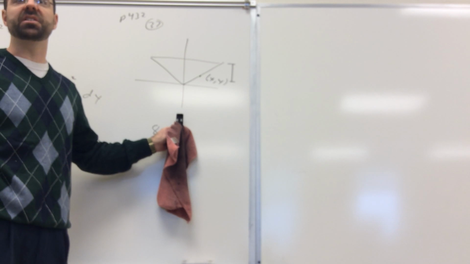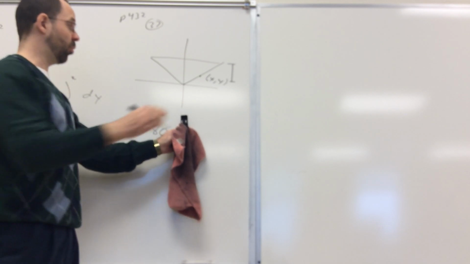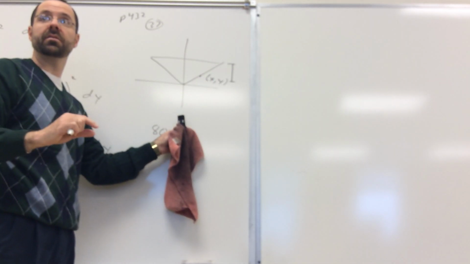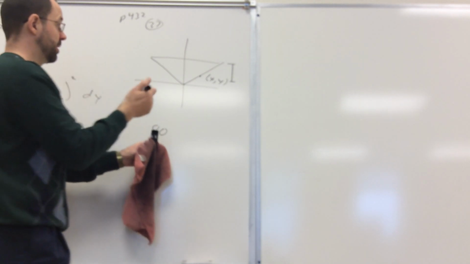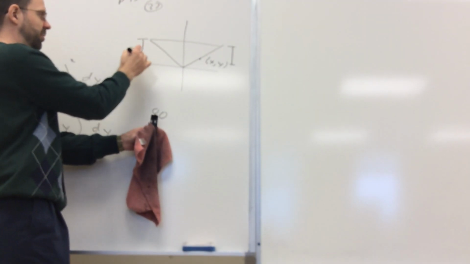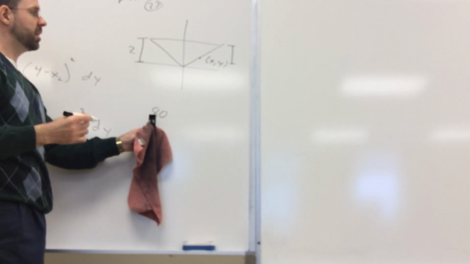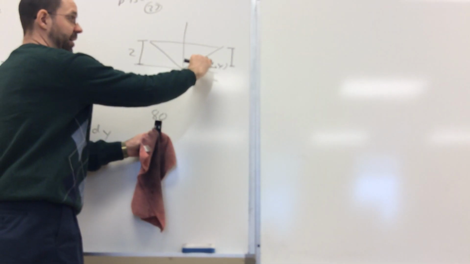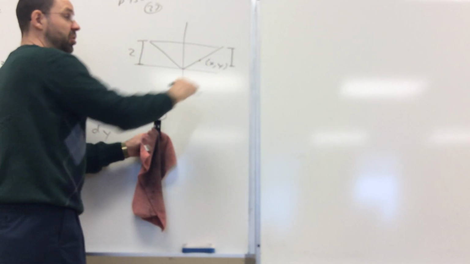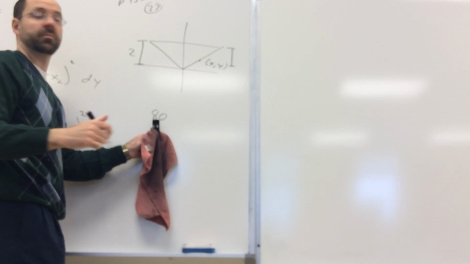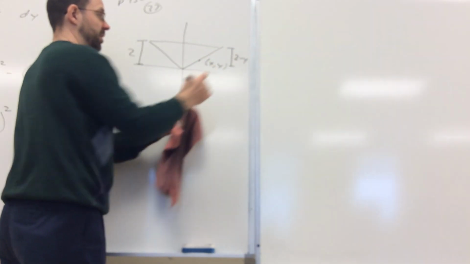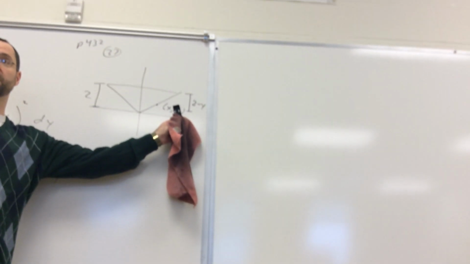So we can't have the depth be y, because y represents that distance. Okay, so knowing that, this is 2, if I remember correctly. So then this is y. So then the depth is 2 minus y. Is everybody okay with the depth being 2 minus y?